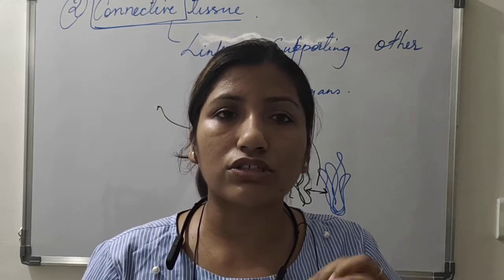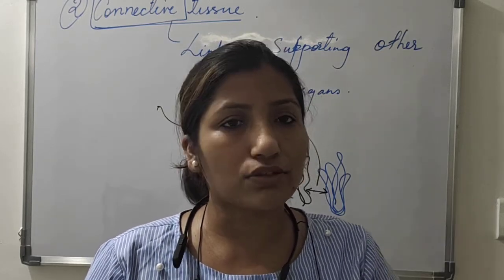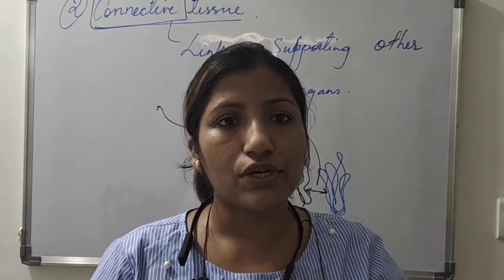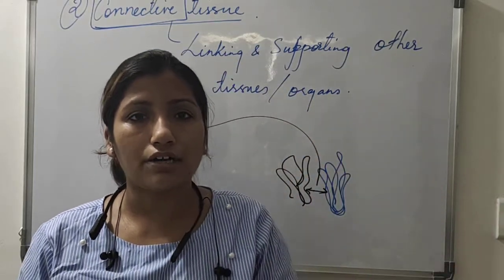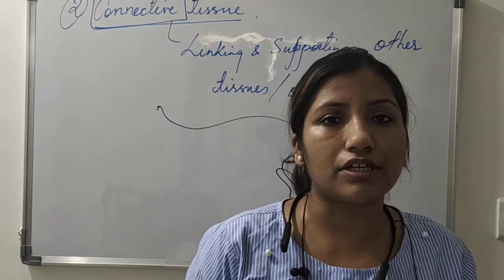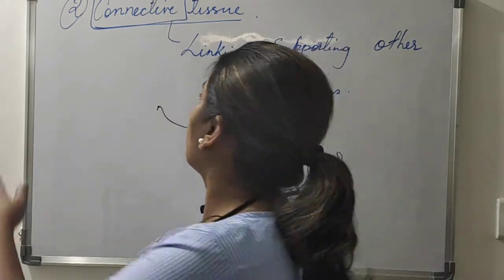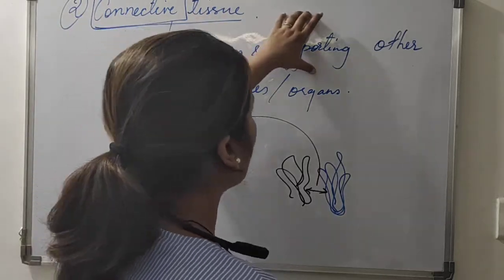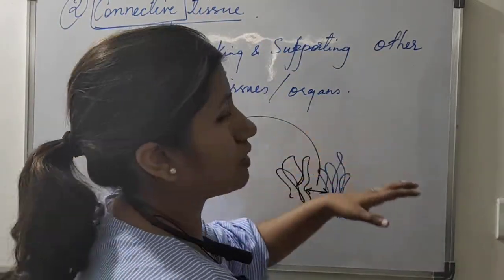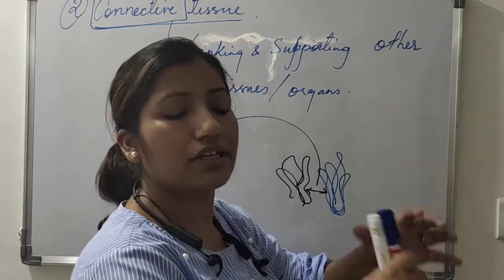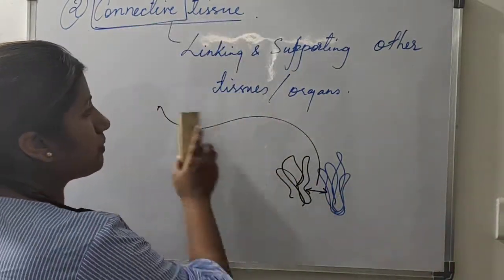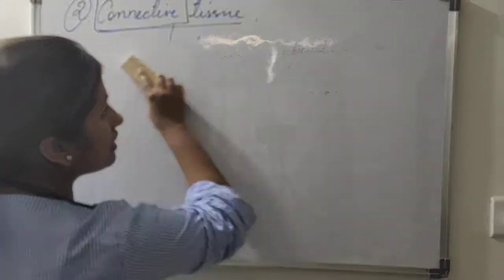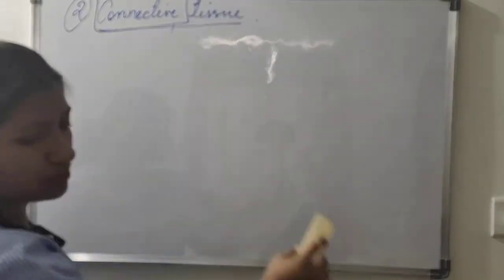Lungs give oxygen to blood and blood carries it to the heart. So here blood is a connective tissue. It connects the lungs and the heart, and from the heart it connects to the various body parts. That's why connective tissues link and support other tissues and organs. Between the tissues and between the organs, it makes the connection, the link, and it also gives support.